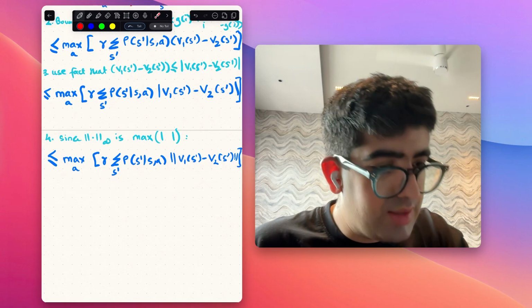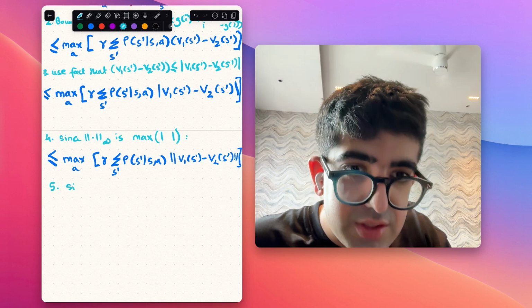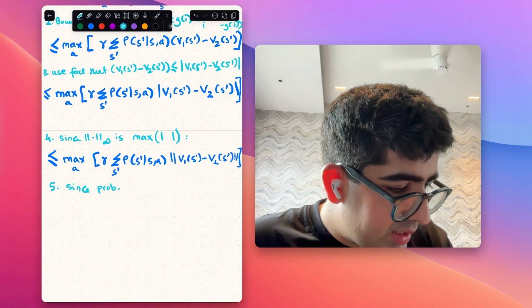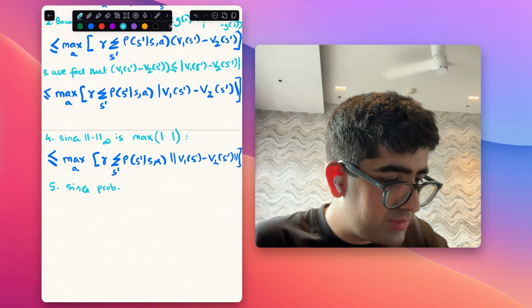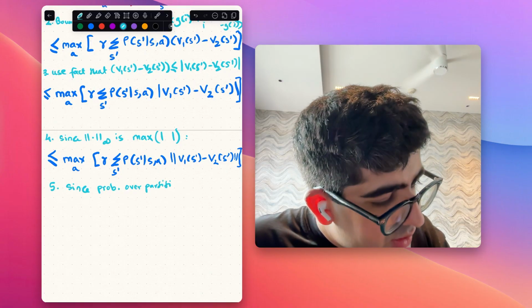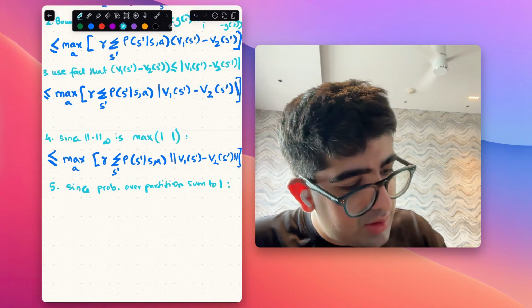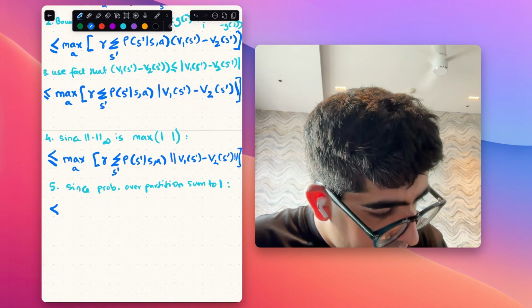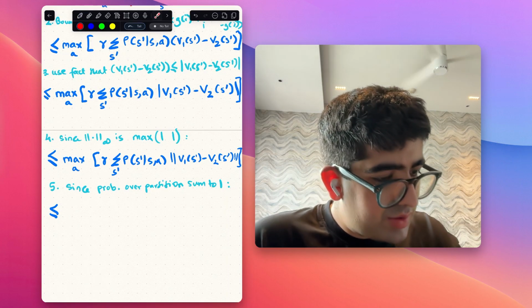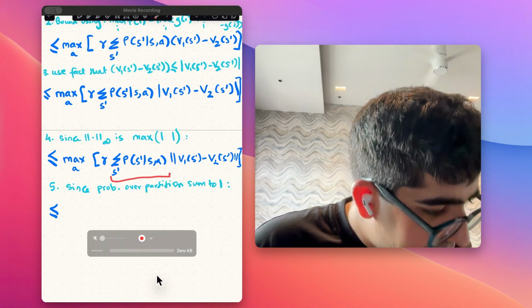So there is a further simplification that we can make, since probabilities over a partition sum to one, we can replace this by one.